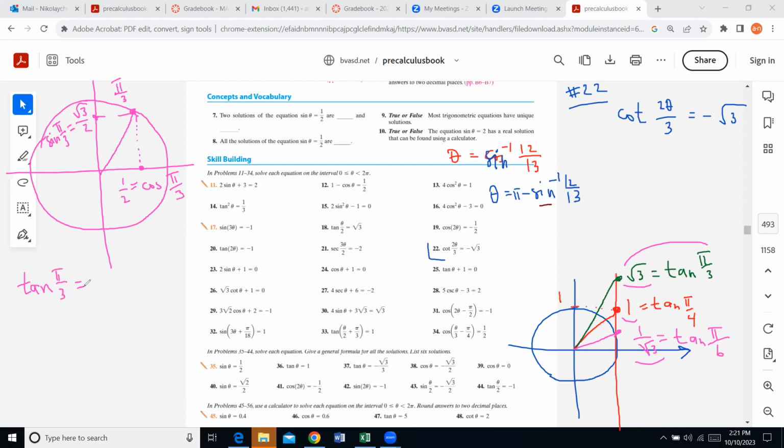So tangent is sine over cosine. And when you divide these, that half will disappear. So I divide that first one, root of 3 over 2, by 1/2.